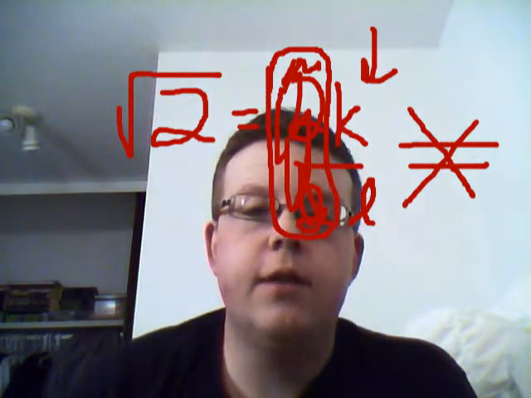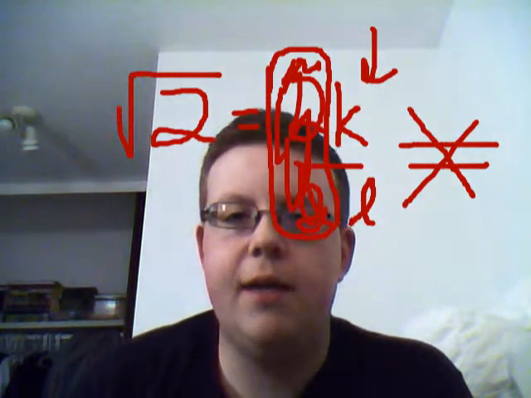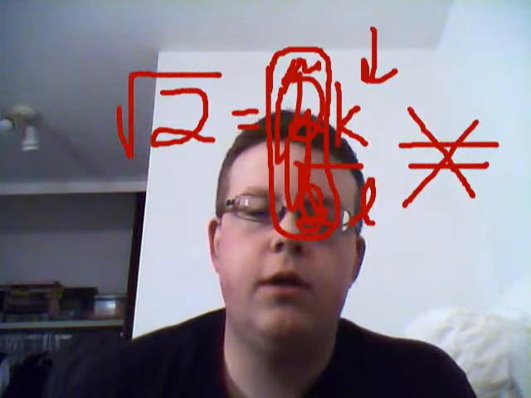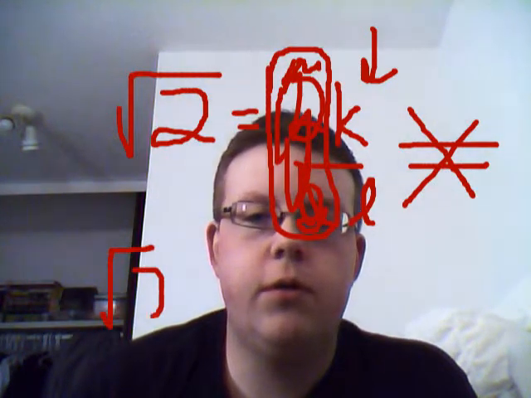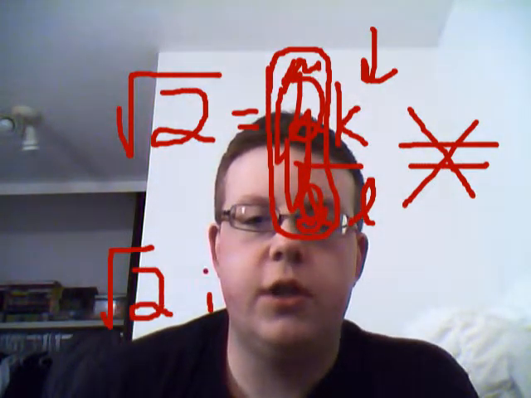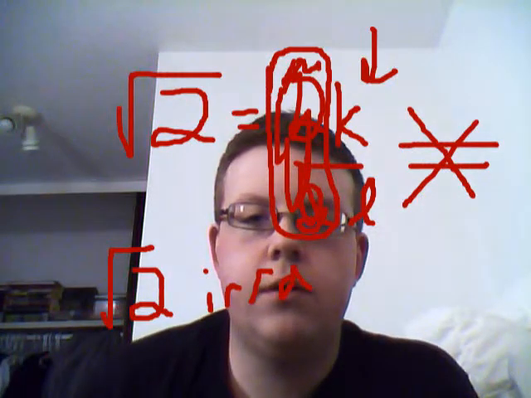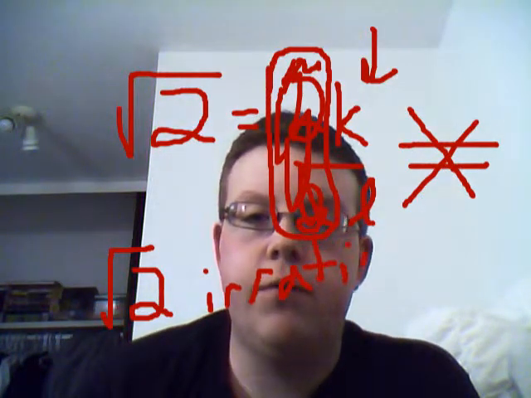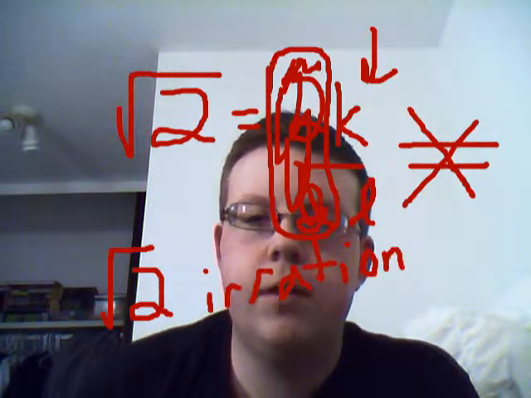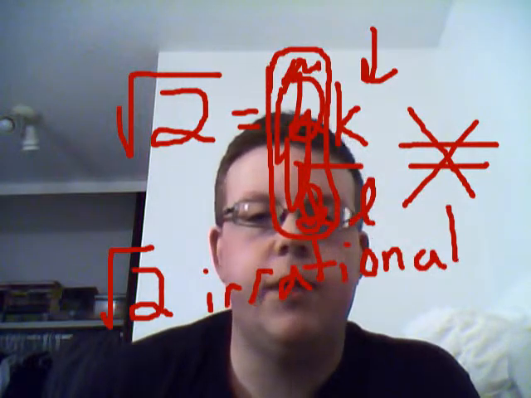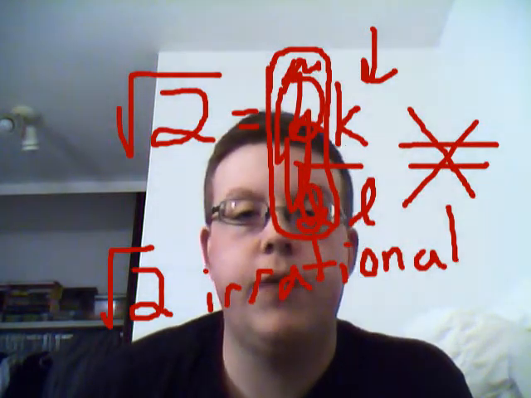So that means that the square root of 2 can't be rational. And so the square root of 2 is actually irrational. And our proof is done, because I have now shown that the square root of 2 has to be irrational.